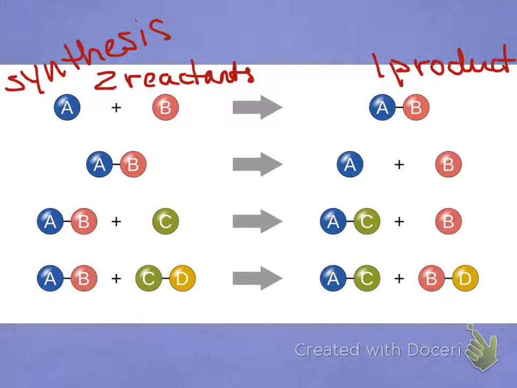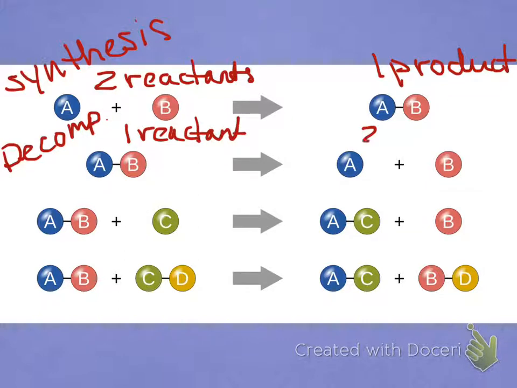In a decomposition reaction, I'm going to abbreviate decomp, we start with 1 reactant, and it's a compound, and it breaks apart to give us 2 products. And those products are simpler products.